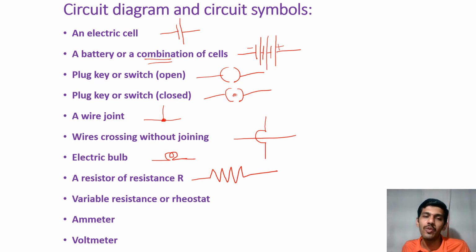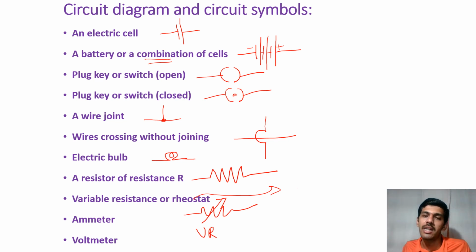And a variable resistor. There are two symbols here. One is the variable resistor. How to represent a variable resistor? It is represented like this, a zigzag with an arrow mark over it. So that is a variable resistor. And how to represent a rheostat?